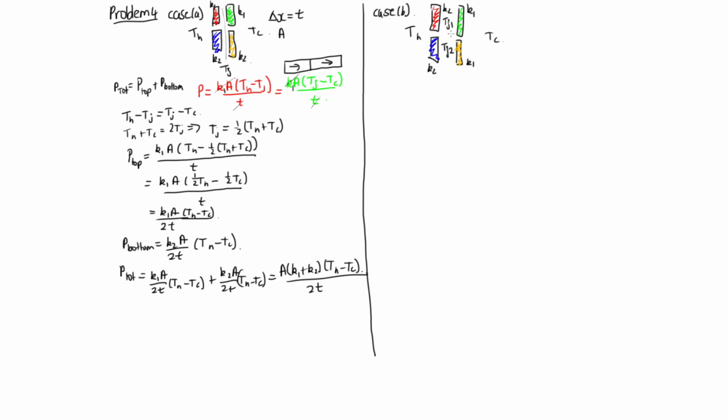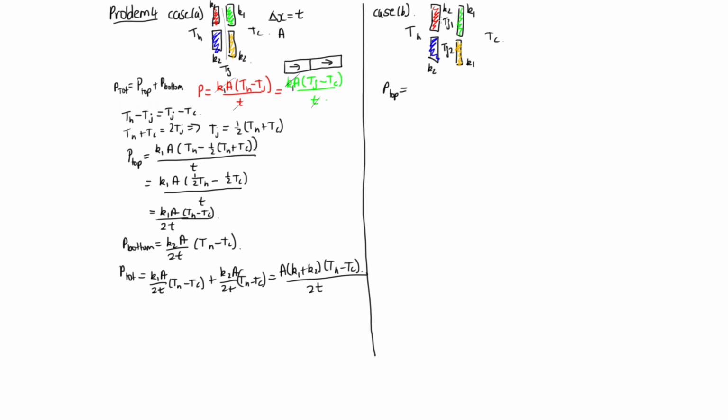Okay, so now we need to work out what the heat flow in case B is, and then we'll be able to compare them. Okay, so let's just start with the heat flow through the top. We know that the heat flow through the red is equal to the heat flow through the green. So let's write those out again.